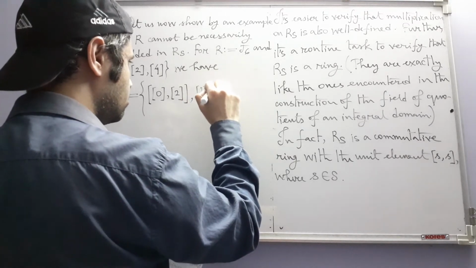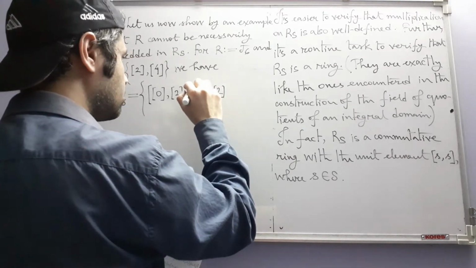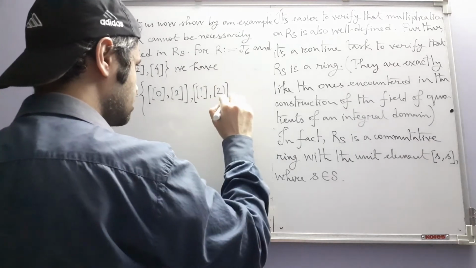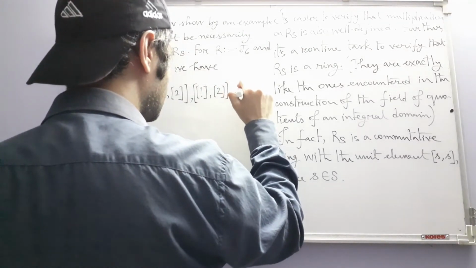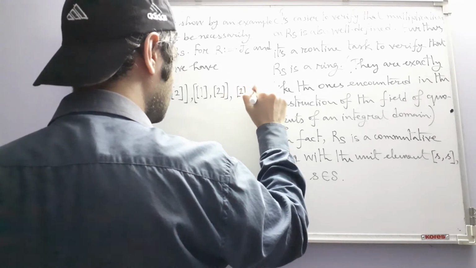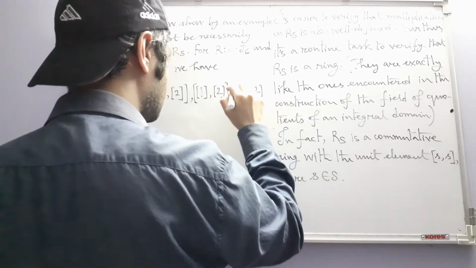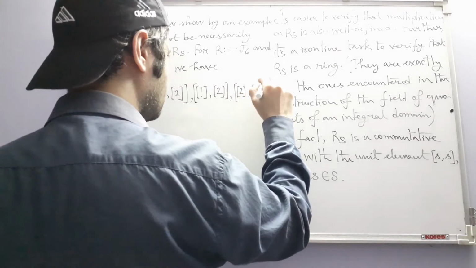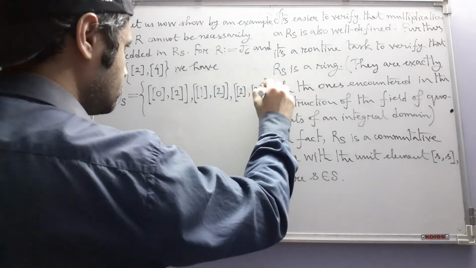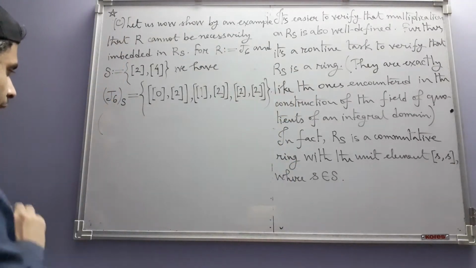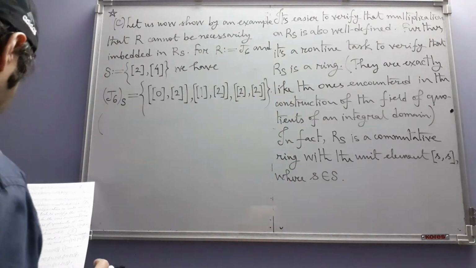One comma 2, the equivalence class, and 2 comma 2. In brackets I would like to write something.